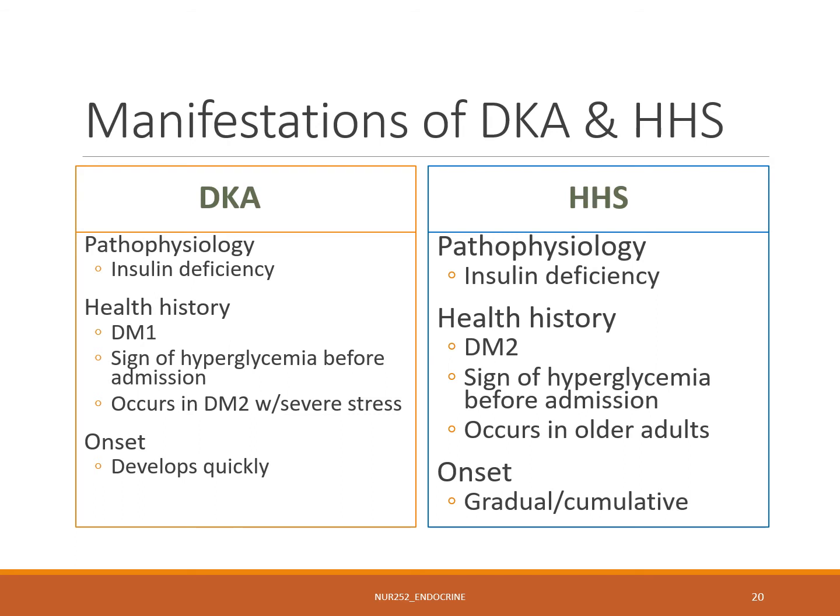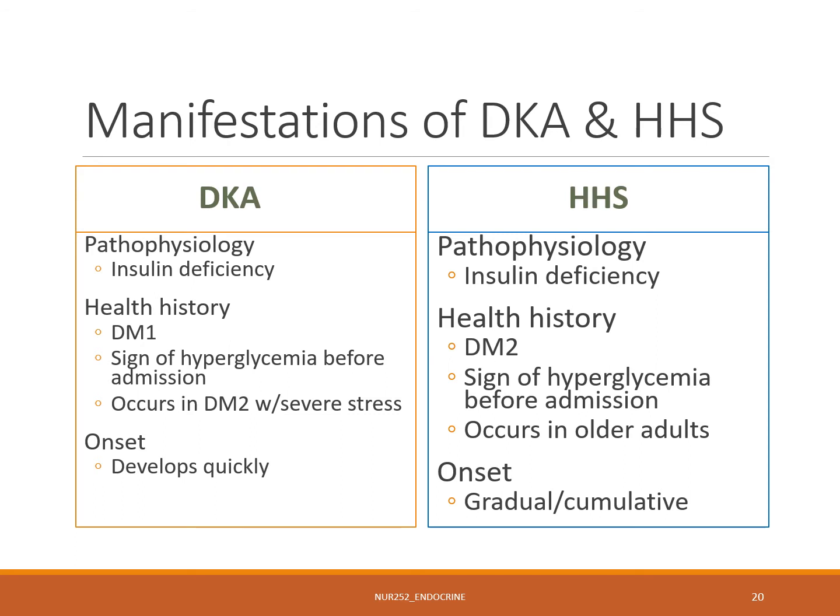The patho of DKA is related to an insulin deficiency, resulting in cellular dehydration and volume depletion, acidosis, and protein catabolism. It is usually seen in those with a history of type 1 diabetes, but may be seen in type 2 diabetics who are under severe stress. Symptoms of hyperglycemia exist before admission, but the onset is very rapid.